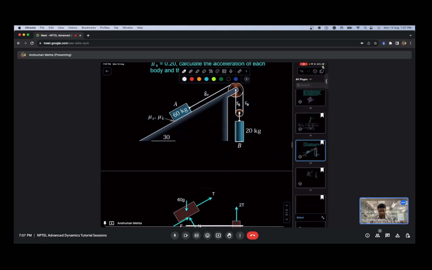So this will give us SA plus 2 SB plus C is equal to L, which directly gives acceleration of A plus 2 times acceleration of B is equal to 0.